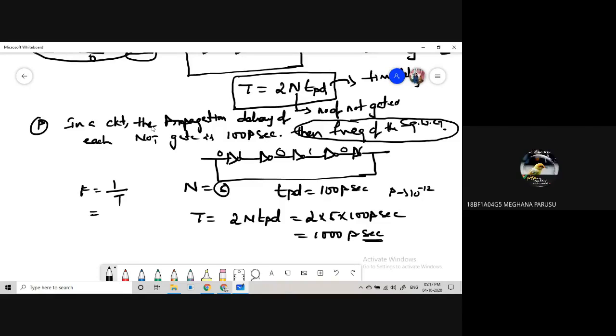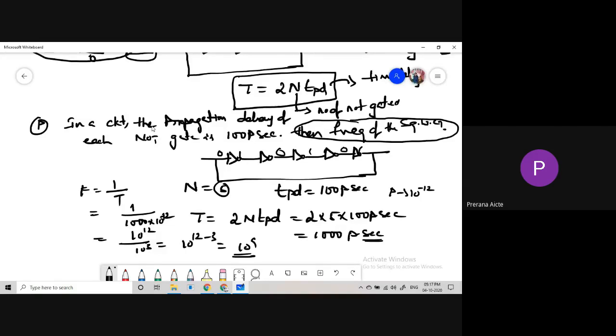So 1 by 1000 into 10 power minus 12, which is 10 power 12 by 10 cube. So 10 power 12 minus 3 equal to 10 power 9. 10 power 9 in the sense of giga, so 1 gigahertz.